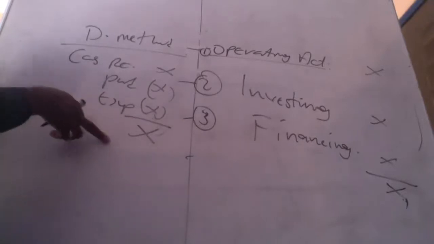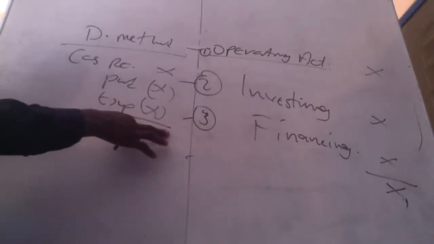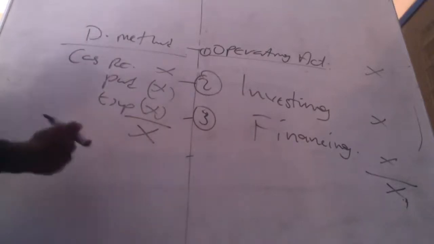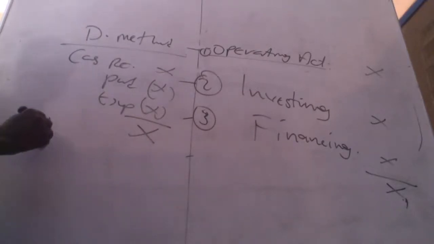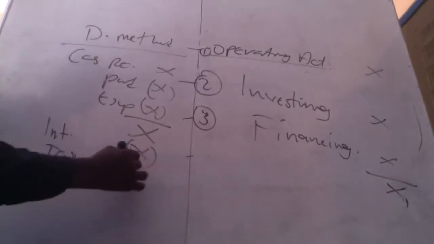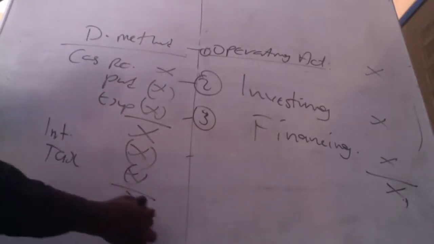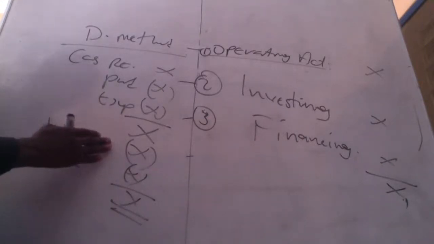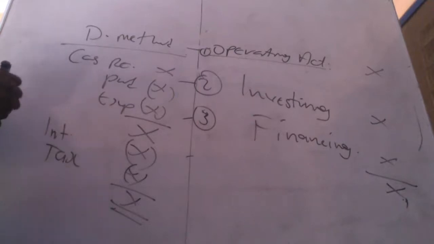Then you get your cash flow from operating activity before interest and tax, or cash generated from operations before interest and tax. Then the interest paid, and then the tax paid, and then we are done. That is so easy and straightforward with the direct approach. So take note, then you'll be fine.